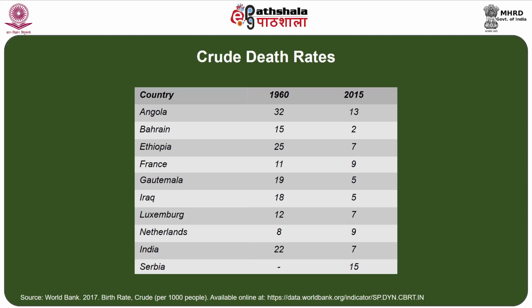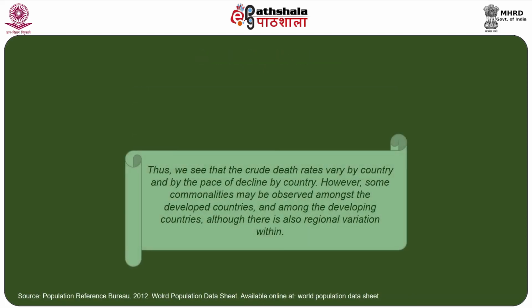Thus, we see that the crude death rates vary by country and the pace of decline also varies across these countries. However, some commonalities may be observed amongst the developed countries and among the developing countries, although there are also regional variations within these countries.